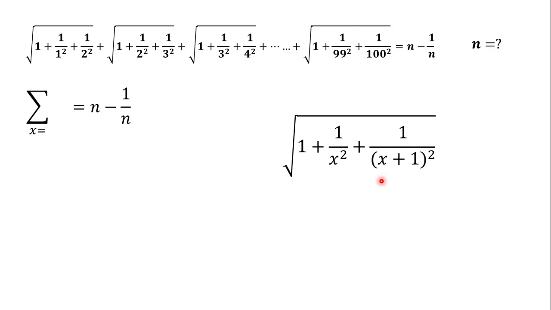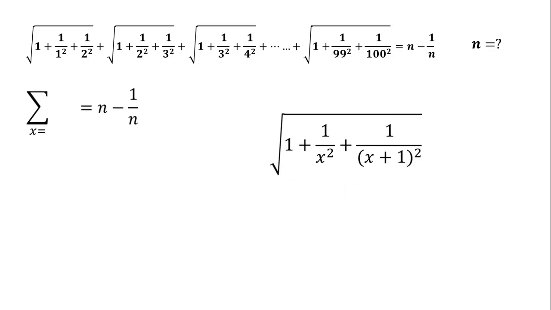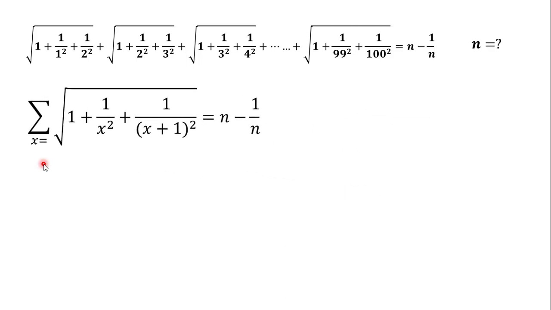So I can write the summation of this radical as x goes from 1 to 99.